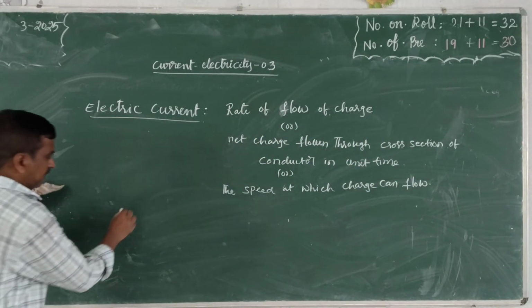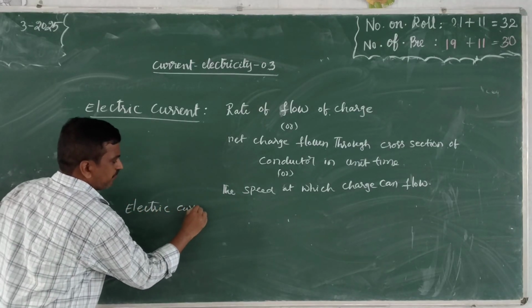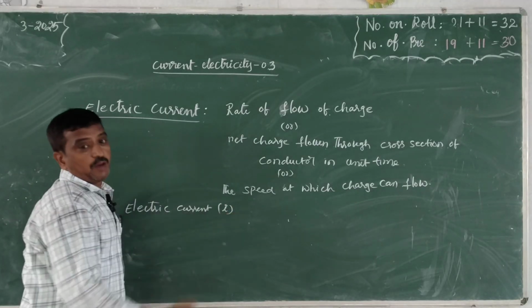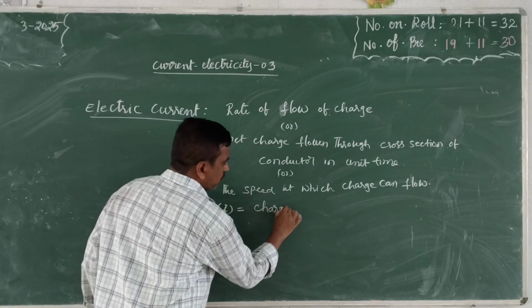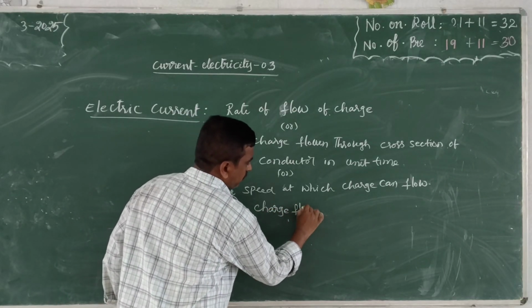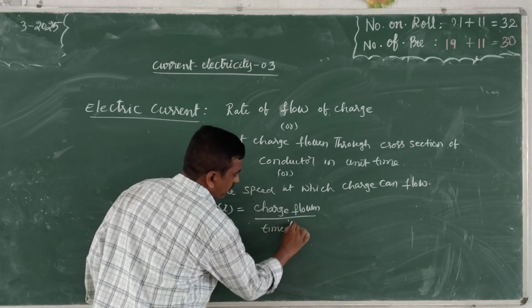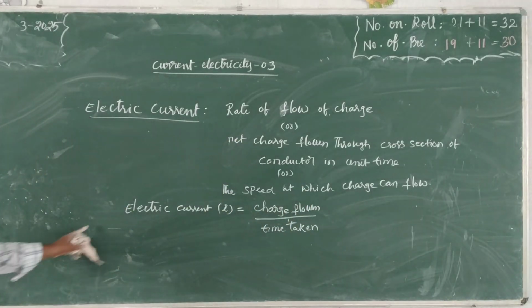See, how to represent electric current? Either small letter i or capital letter I. So electric current equals charge flown by time taken, or unit time. So this is called as electric current.